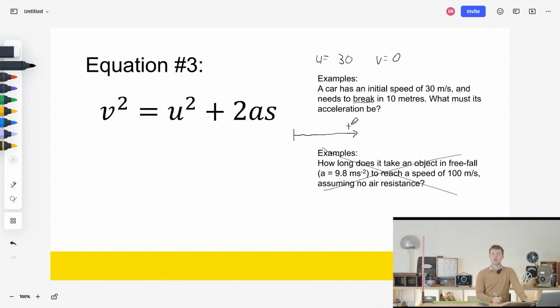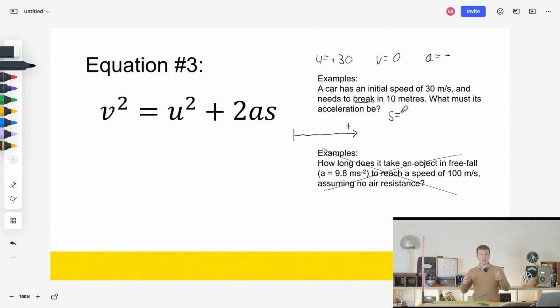The second assumption is the direction. So let's decide that the positive direction is forwards, which means that the initial velocity is plus 30. The final velocity is still 0, that doesn't really change. But the acceleration must be negative because it's going to be slowing down. Therefore, the acceleration is in the opposite direction to motion. And then in addition to that, the distance traveled.